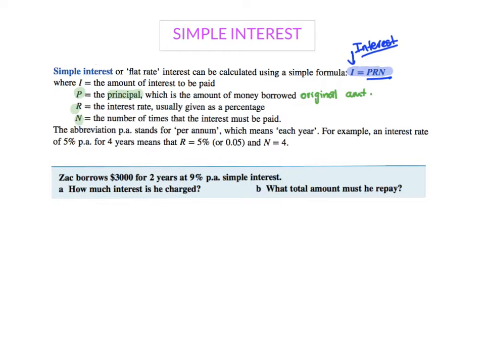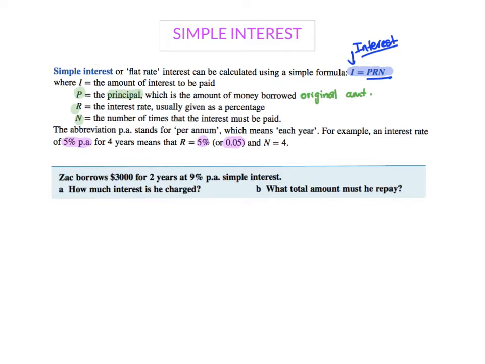So if you're going to go for 5 years, N might equal 5. Often you'll see this interest rate referred to as PA. That means per annum, which is another way of saying every year. So if you have 5% per annum, it's 5% every year. And remember that 5% written as a decimal is 0.05.